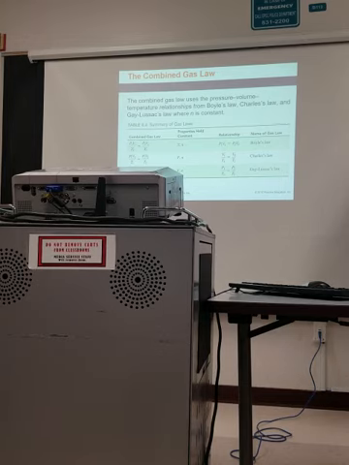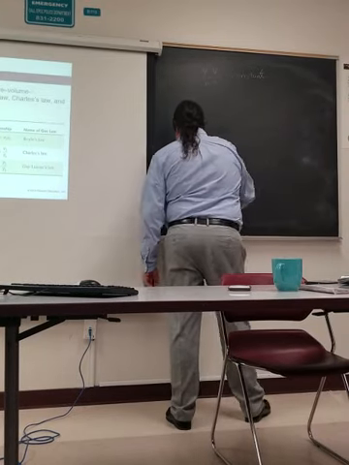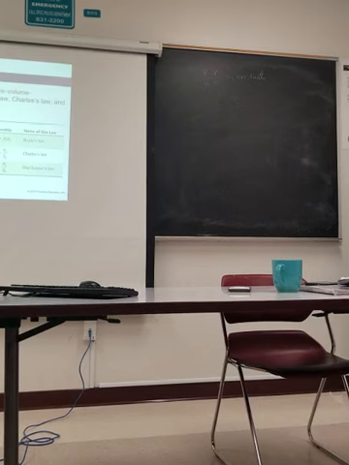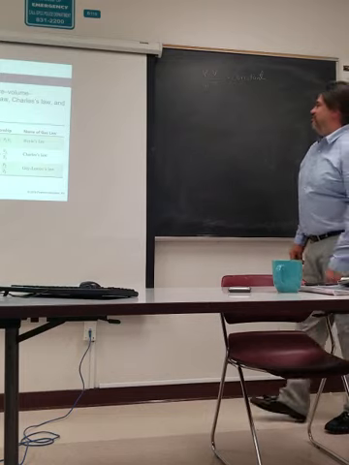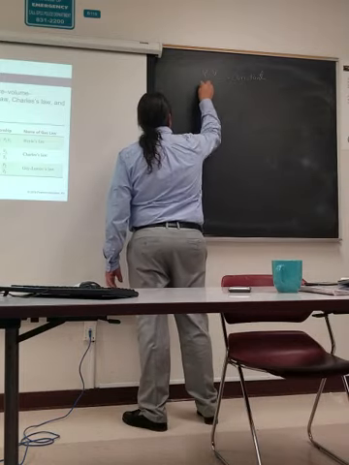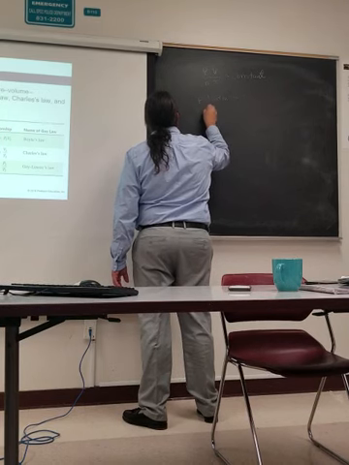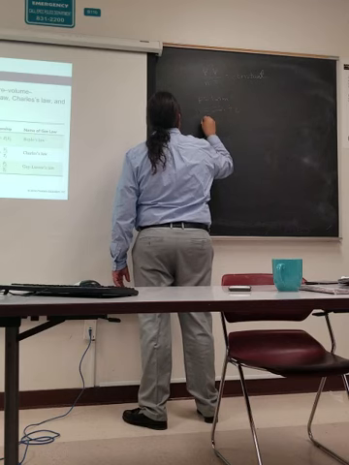Well, since Avogadro did a lot of work on STP conditions and mole volume, those become the conditions that we will use to calculate what that constant is. So at STP, the pressure is 1 atmosphere. Avogadro measured the volume of gases to be 22.4 liters.